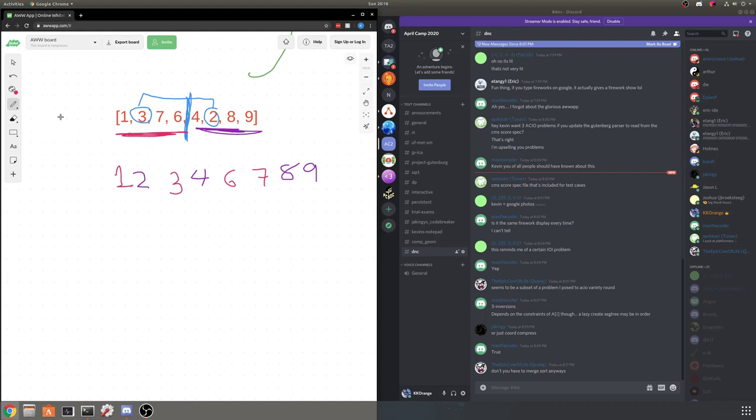Yeah, so if you combine these two sides and form this array here, then for each of these elements on the right side, the number of inversions is simply the number of red elements to its right. So this 2 is going to form an inversion with these 3 things.